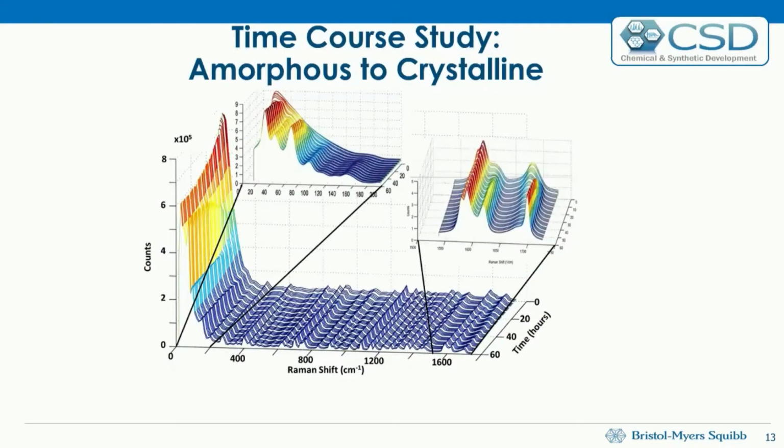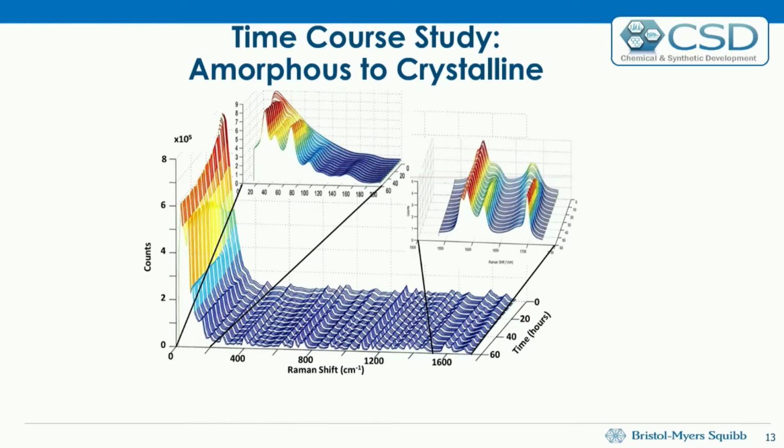What was nice here is this was a transformation, and this is a known compound, indomethacin. It's easy to make the amorphous material by melting it and then flash freezing it, taking it right down to liquid nitrogen, or in this case dry ice temperatures, and you get a nice amorphous material. Over many, many hours, it converts to a crystalline matrix, and that's what we wanted to follow.